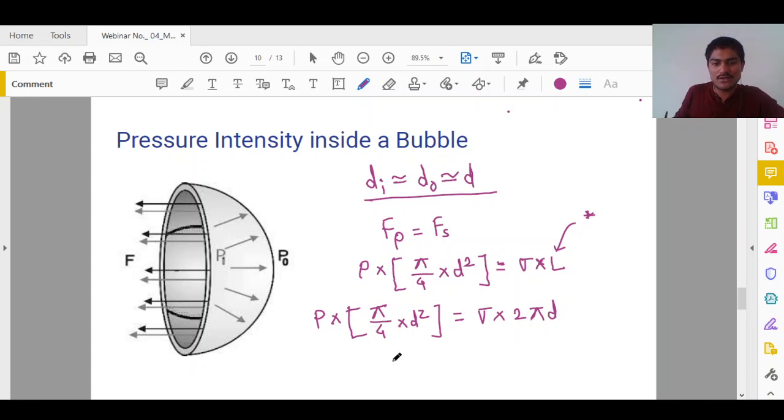If we simplify this equation, you will get that the pressure intensity inside a bubble will be equal to 8 sigma by d. By using this equation, you can simply determine the pressure intensity inside a bubble. So these two examples we have looked at, the pressure intensity inside the water droplet or liquid droplet and the pressure intensity inside a bubble, are nothing but applications of the surface tension property we have discussed.